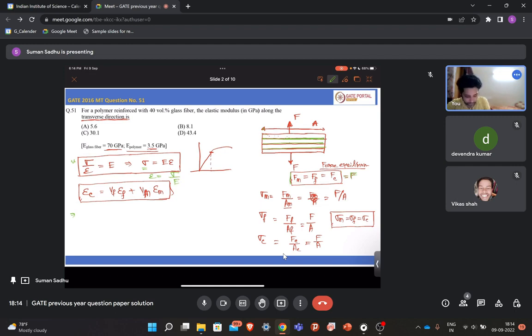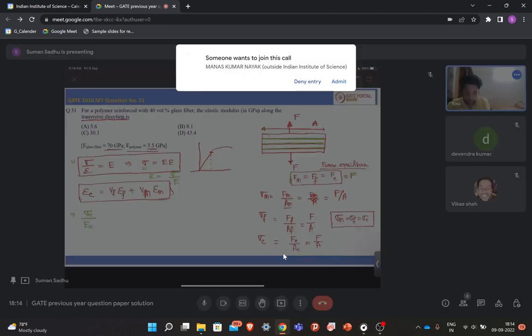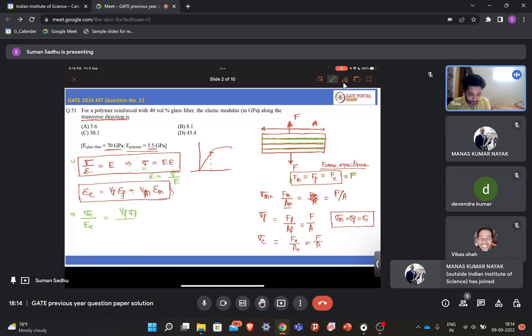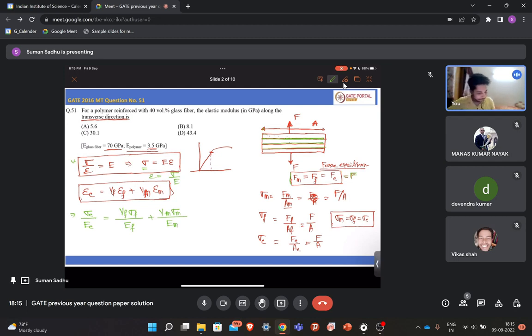So in this case, sigma C divided by E C is equal to volume fraction of fiber into sigma in fiber divided by elastic modulus of fiber plus volume fraction of matrix into sigma matrix divided by elastic modulus of the matrix. Now you can see this sigma m, sigma f and sigma c all are equal, so this will cancel out because these are the same stress.